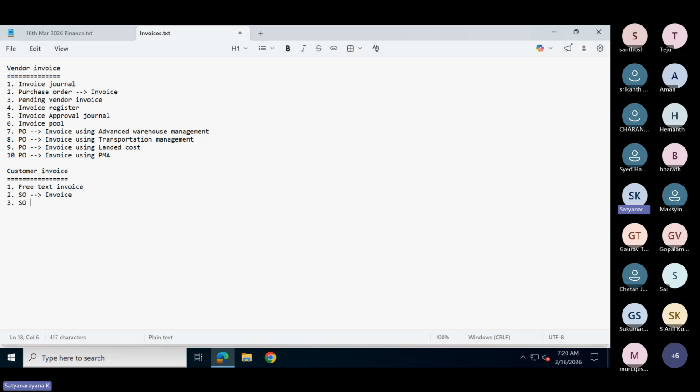Next one is sales order to invoice using advanced warehouse management. Sales order to invoice using transportation management.